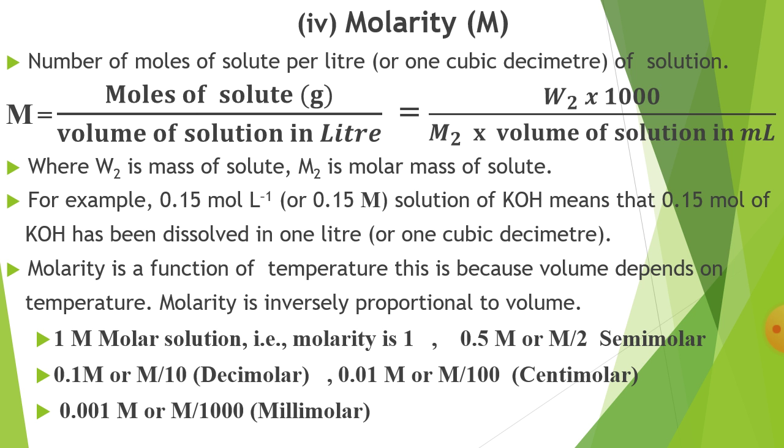Then the fourth unit in concentration terms, molarity. It is symbolized as capital M. It may be defined as the number of moles of solute per liter or 1 cubic decimeter of solution.